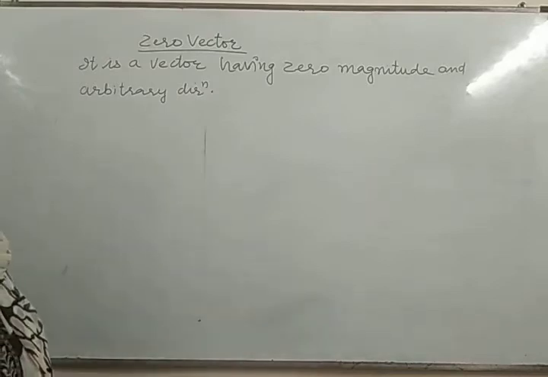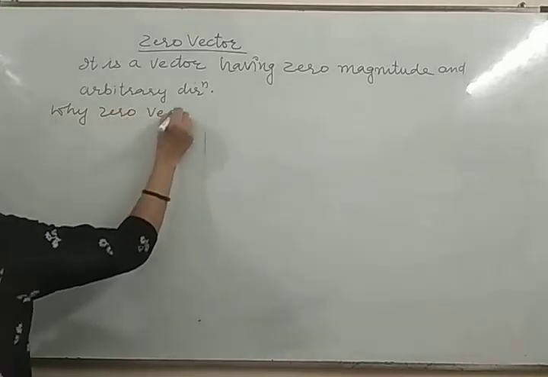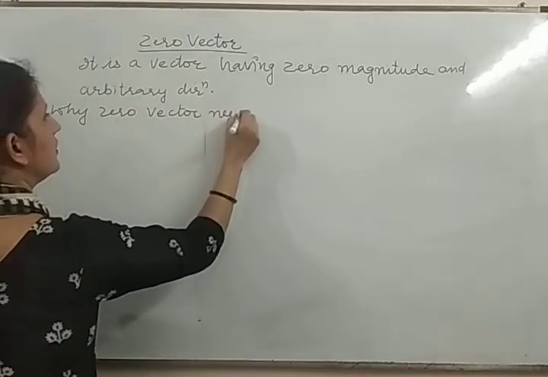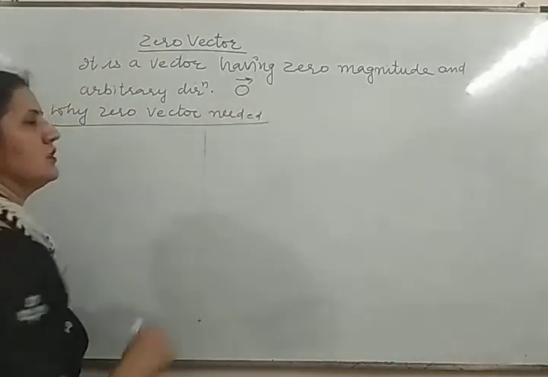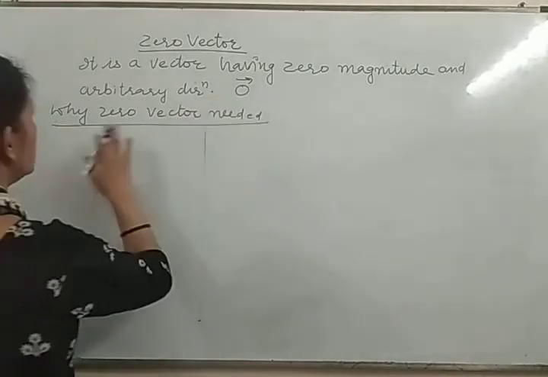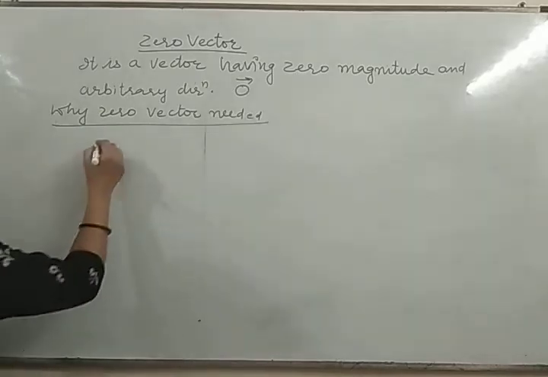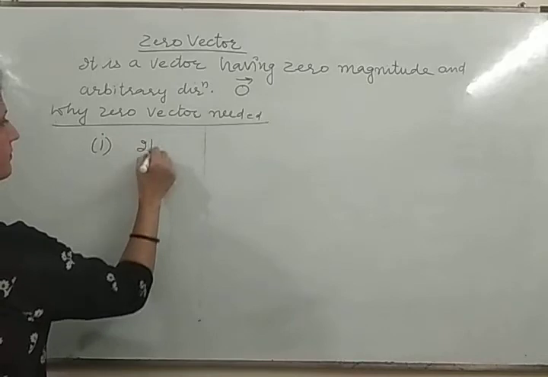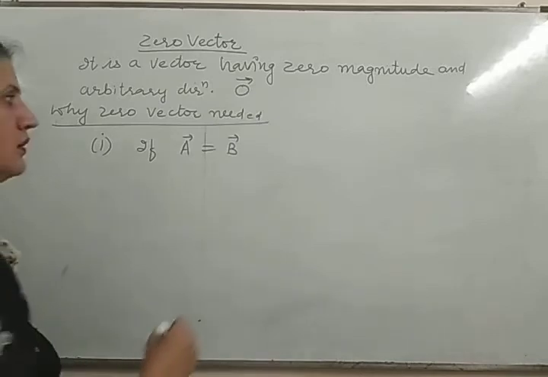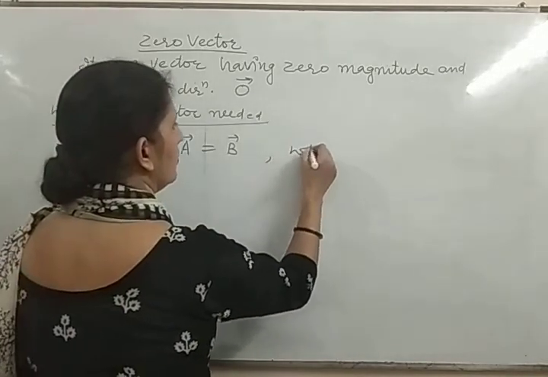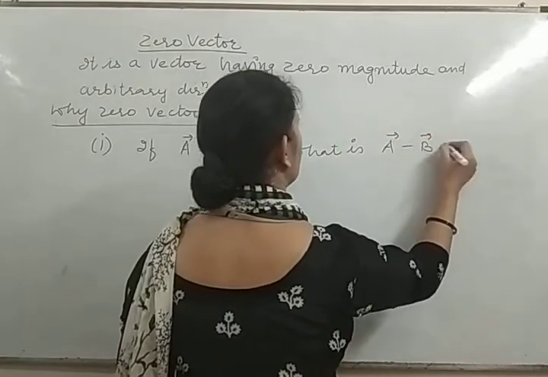Why is zero vector needed? How can it be written? It is written as 0 with a vector sign on it. It is denoted by this. Why is the zero vector needed? Consider the situation where vector A is equal to vector B. Now what is vector A minus vector B?